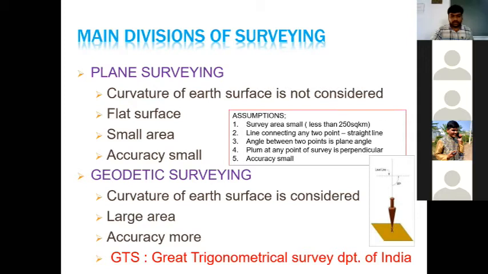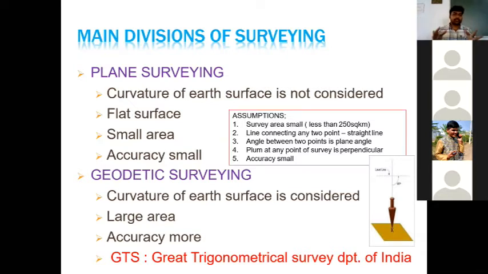And in India, we have a department called the Great Trigonometrical Survey Department, GTS in short. That department does geodetic surveying. Whereas plane surveying is done by most contractors or civil engineers.